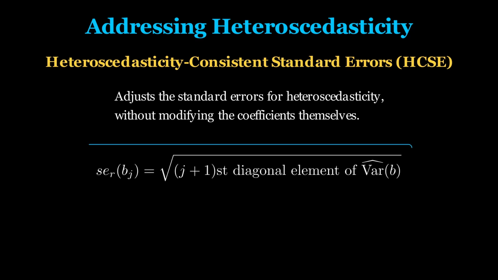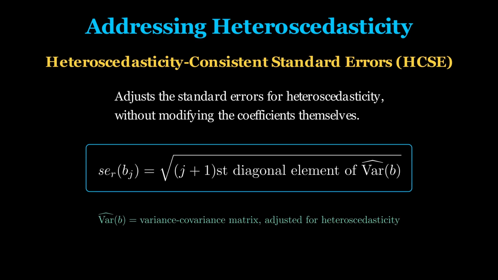The robust standard error of the coefficient b_j is the square root of the (j+1)th diagonal element of the estimated variance-covariance matrix of the coefficient estimates. Here, Var-hat of b represents the estimated variance-covariance matrix of the coefficient estimates, adjusted for heteroscedasticity. The reason we use the (j+1)th element is that the first diagonal element corresponds to the intercept, b0.